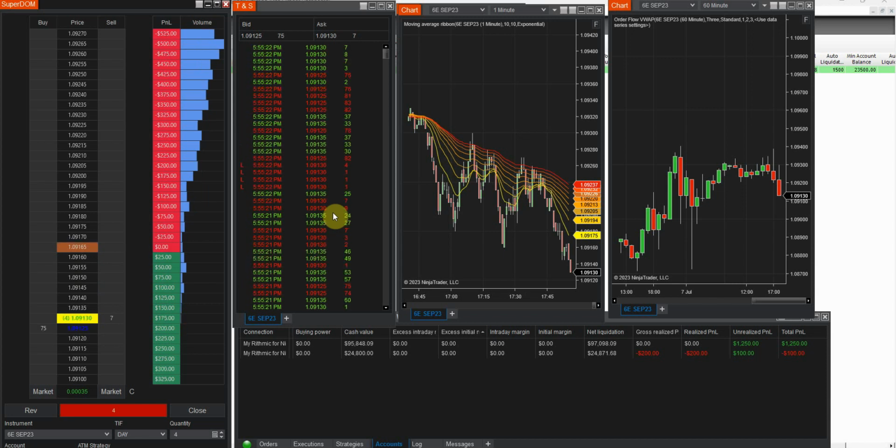There we go, there's a lot of red. Some decent numbers. There's a lot more red than green. This is the push down we were looking for. Can it continue? Can it hold? That's slowing down again.